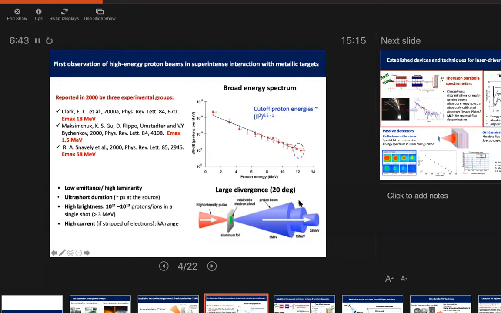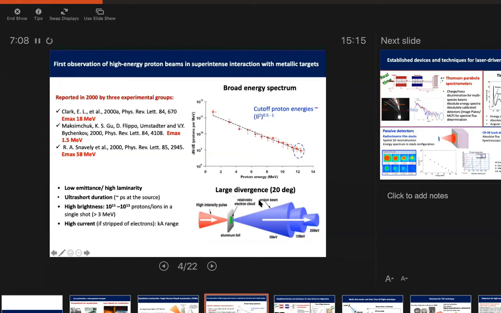And usually the angular distribution is also dependent on the energy. As you can see here, the more energetic particles, protons, are emitted in a smaller cone around the direction perpendicular to the target, and the less energetic particles can reach also higher divergence.